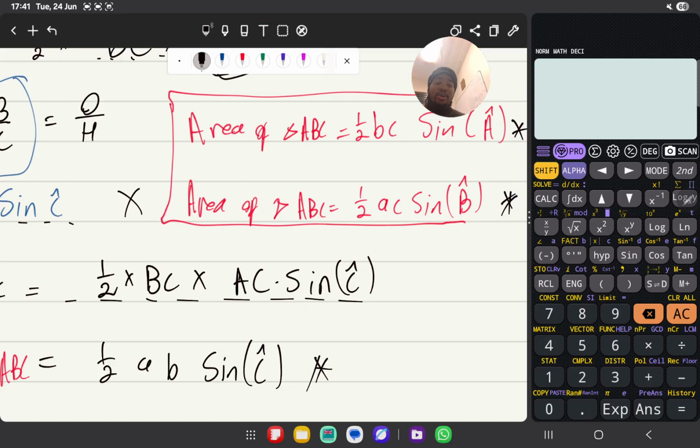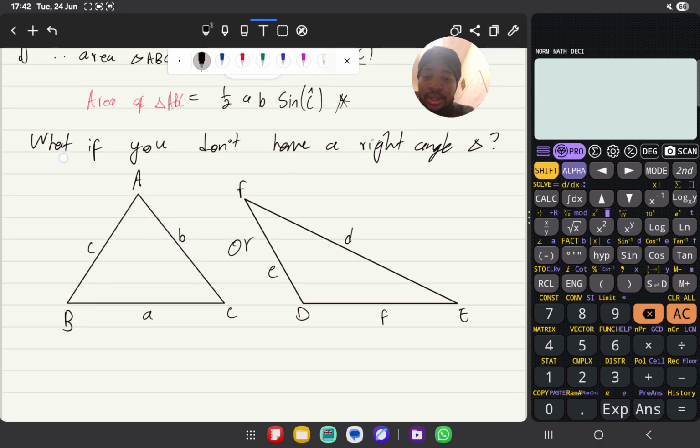If you were asked to calculate the area of a triangle, you just see which sides you have, which angle you have, and the angle that you have sort of tells you how you're going to get it done. But let's go on. I think I have a question here.